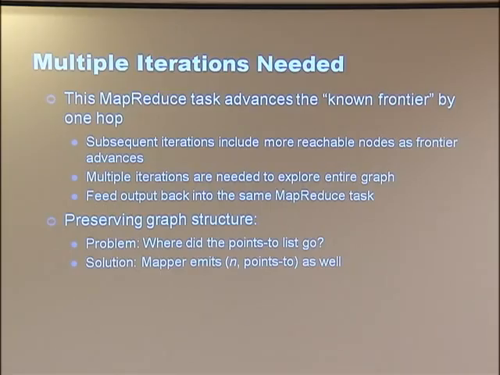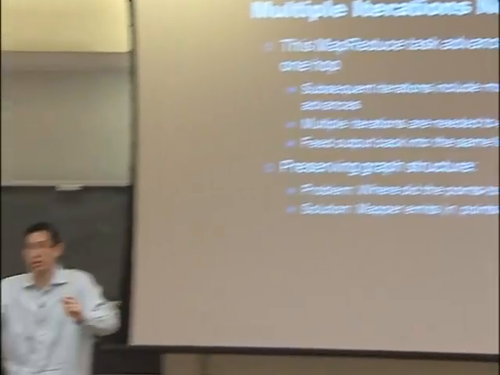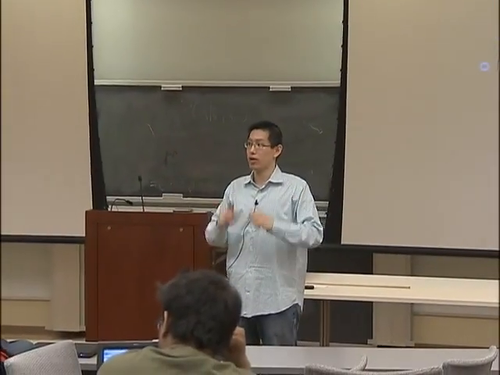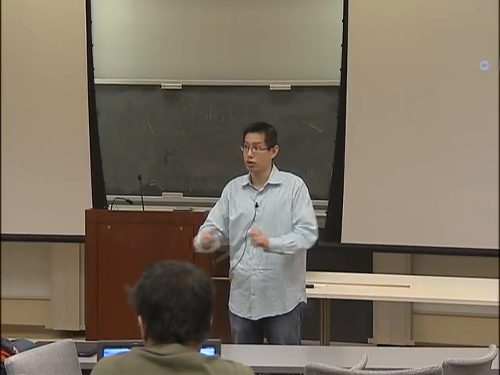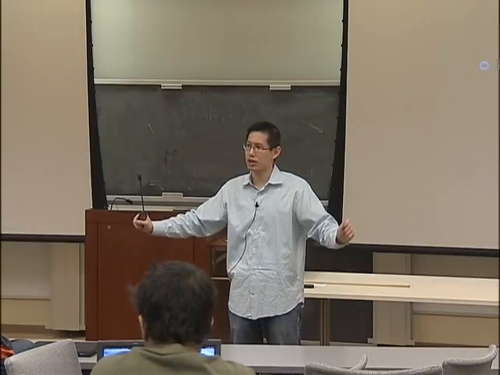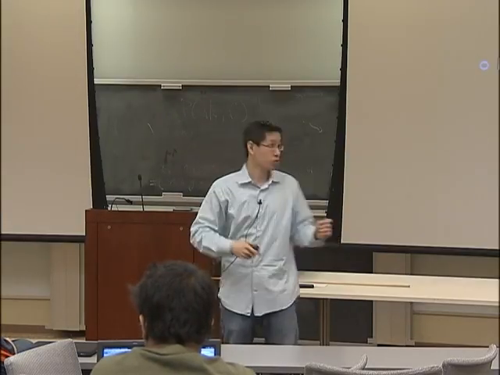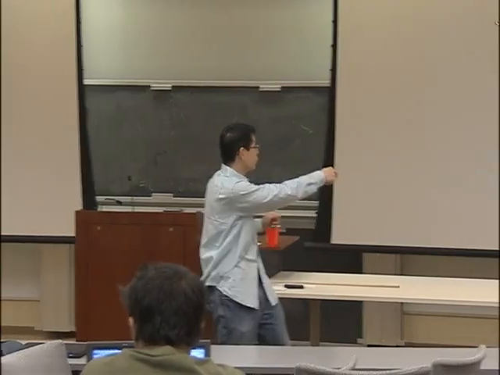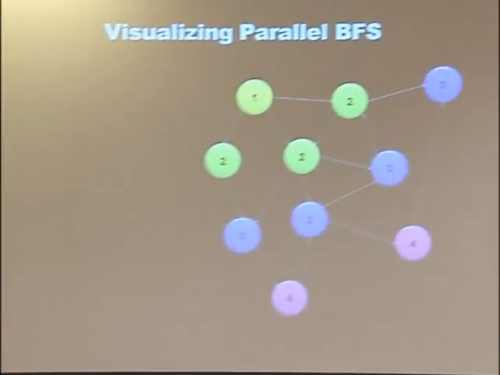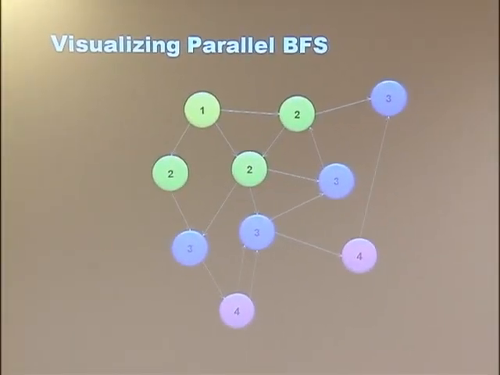You have the adjacency list as one piece and all the possible distances as another piece. When it gets the adjacency list, it's got to set it aside, deal with the distances, put everything back together, and write it out to disk, ready for another MapReduce cycle. So you run MapReduce once, you expand the known frontier, you run it again, it expands the known frontier again and again. And assuming you have a connected graph, you'll eventually get everywhere.